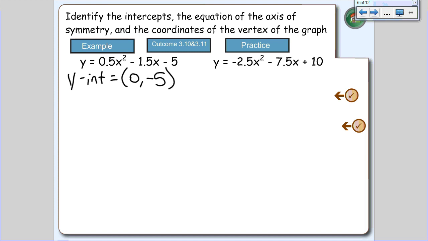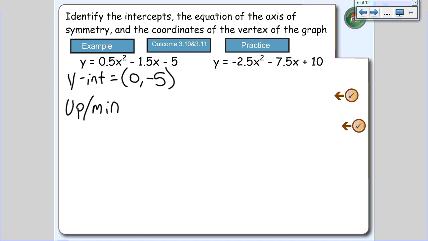Scott. Upwards. And if we don't have a C value, or rather, it is possible to not get a C value, but if there's no C value, it's 0. So yeah, that would mean we're at the origin for our y-intercept. Okay, it's facing upwards because we have a positive A, which means we have a minimum point. That's good to know.